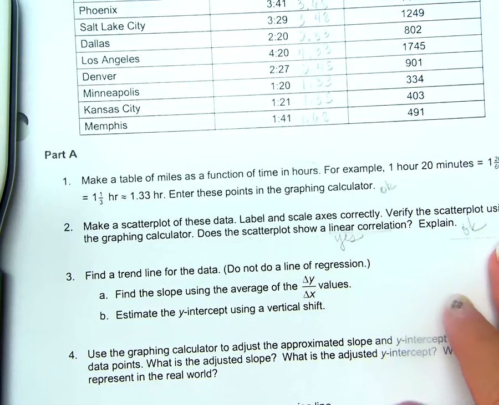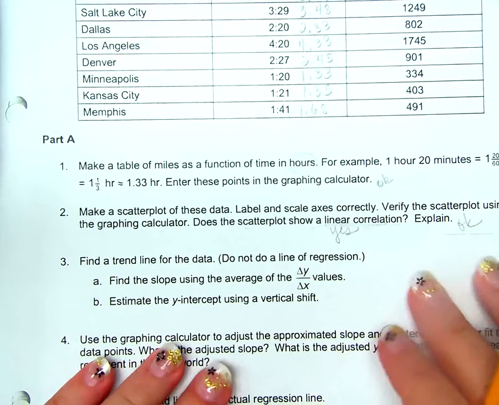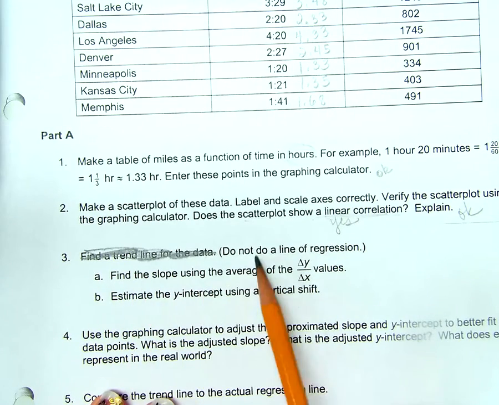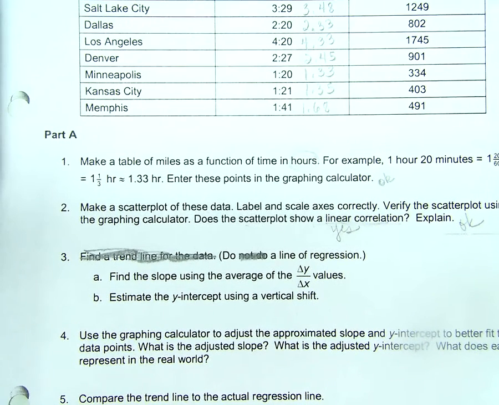Now, at this point, we're going to be slightly rebellious as a group. We're going to do a line of regression. Okay? Again, you guys have done lots and lots of scatter plots throughout your high school career. And even from junior high, you did scatter plots in there. Okay?